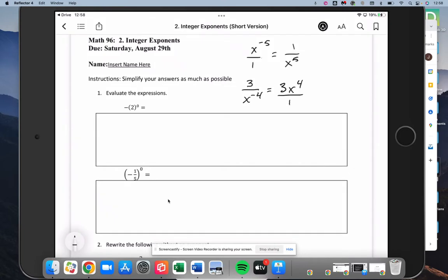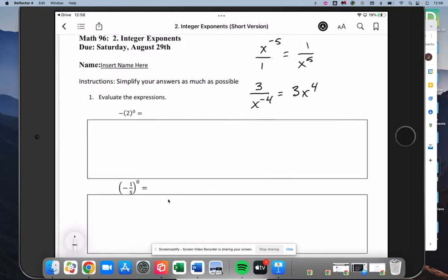And I could put that over 1, but then I would just end up taking away the over 1 anyway because it's not necessary. So that's just a quick, simple intro to the idea that if we want to have positive exponents, we need to take whatever has a negative exponent on it and move it to the other side of the fraction bar, whether it's from the numerator to the denominator or from the denominator to the numerator. That being said, let's move on to number 1.